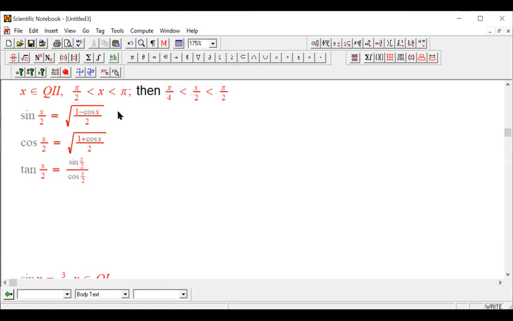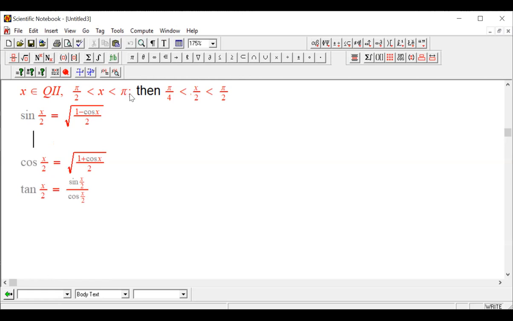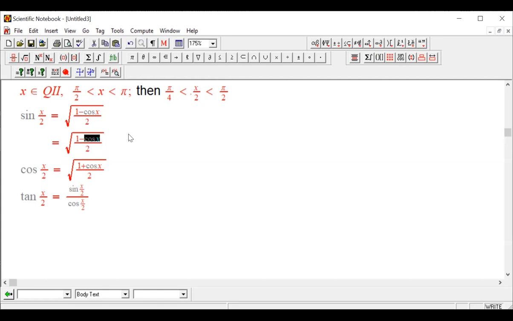With that said and done, the rest is just plugging in numbers. Of course, this time the number is a little bit more complicated, but I'm sure you guys can do it, right? All it takes is just patience and practice. Cosine x here is negative 5 over 13.